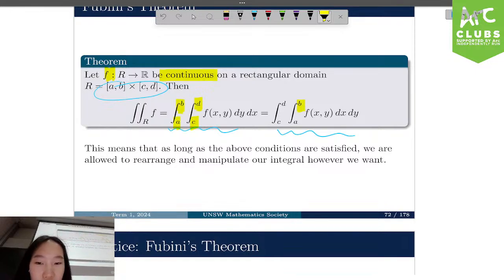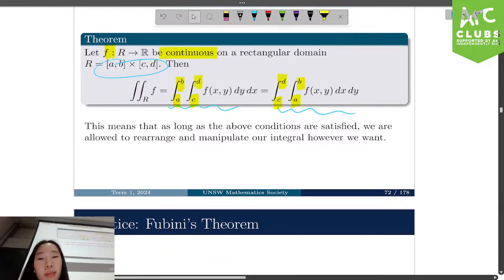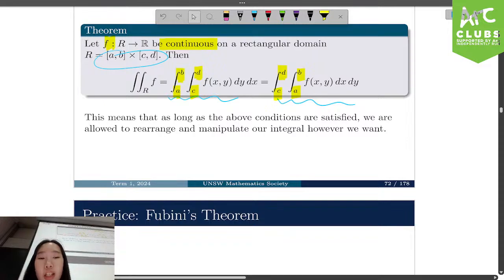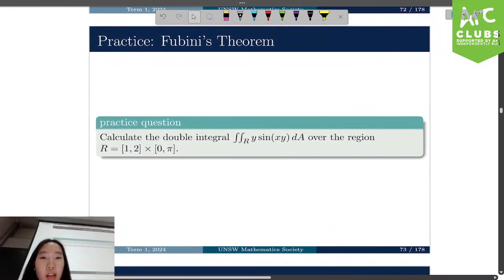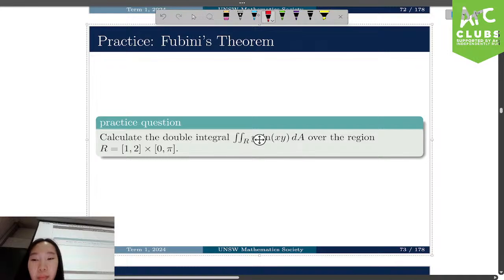The first one is from c to d, evaluating from a to b; we can evaluate from a to b first, and then c to d. This means that as long as the above conditions are satisfied, we're allowed to rearrange and manipulate our integral however we want.